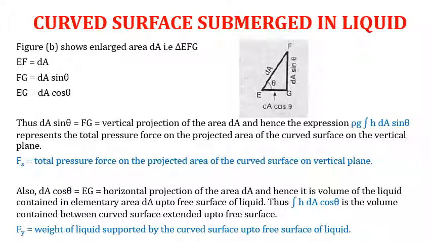So Fy becomes the weight of the liquid supported by the curved surface up to the free surface of liquid. So remember, Fx is the total pressure force on the projected area of the curved surface on the vertical plane, and Fy is the weight of the liquid supported by the curved surface up to the free surface of liquid. This will be more clear once you solve the numerical problems related to curved surfaces.